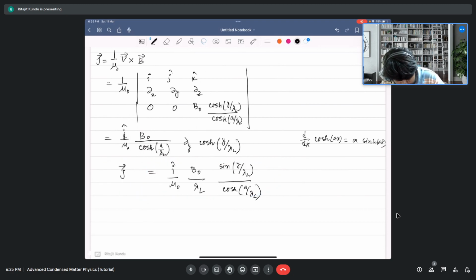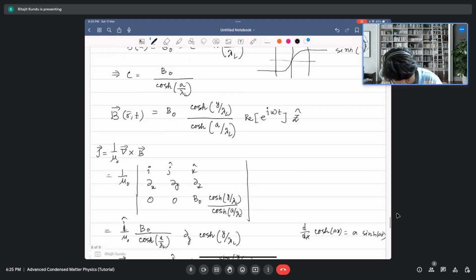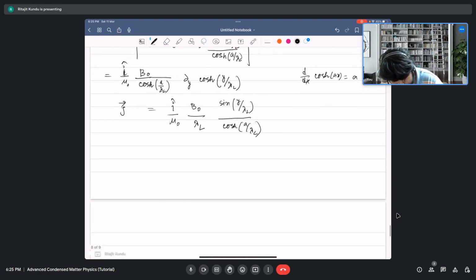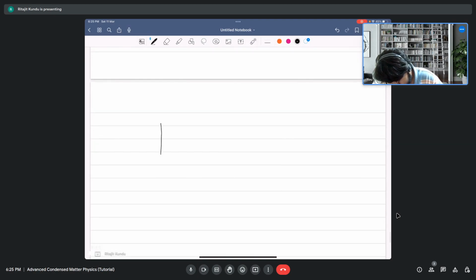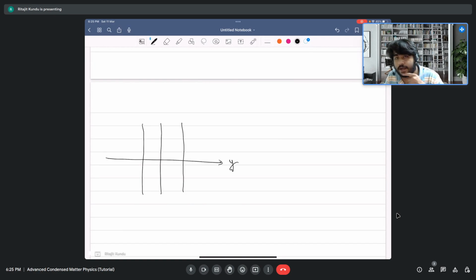Let's first have an overview of this result. As I told you before, let me draw here. This is my y direction, and I want to plot the magnetic field inside this superconductor.